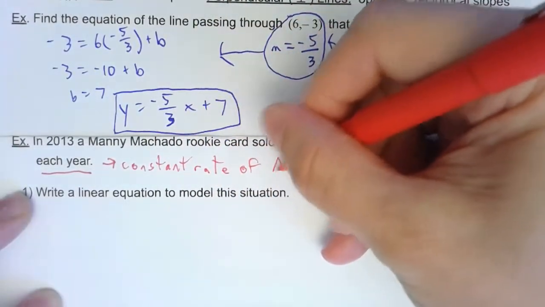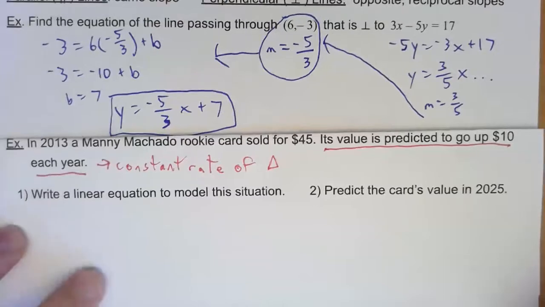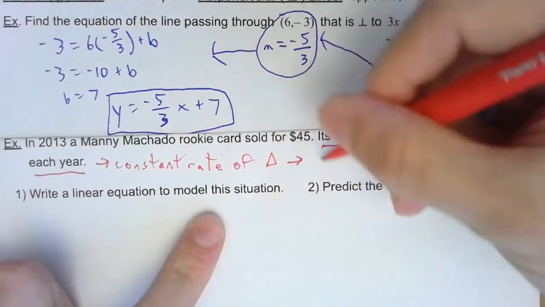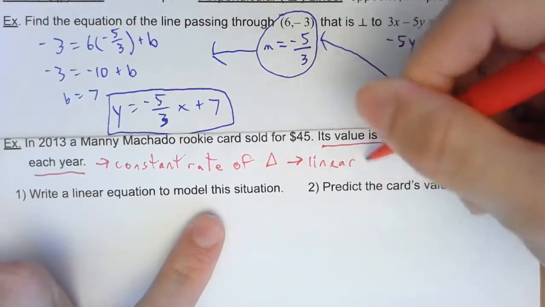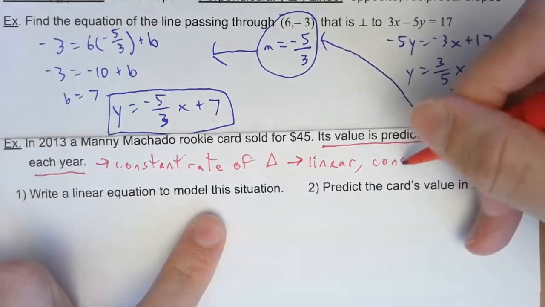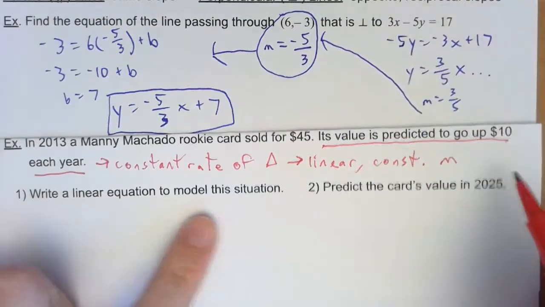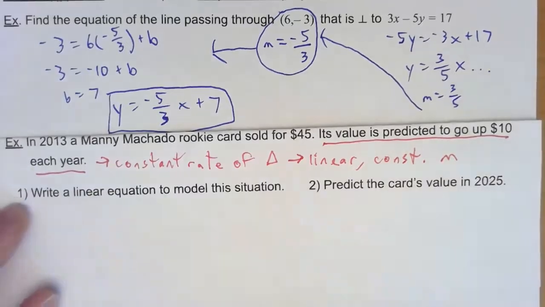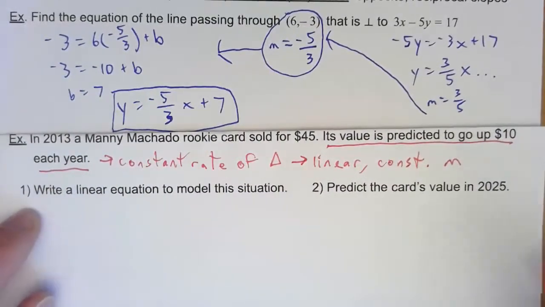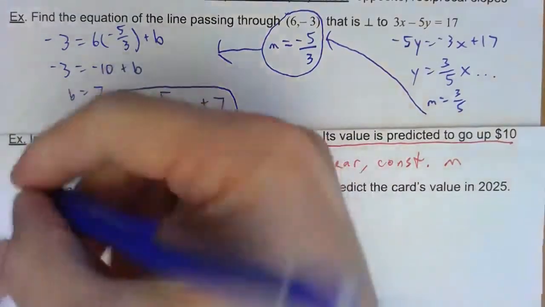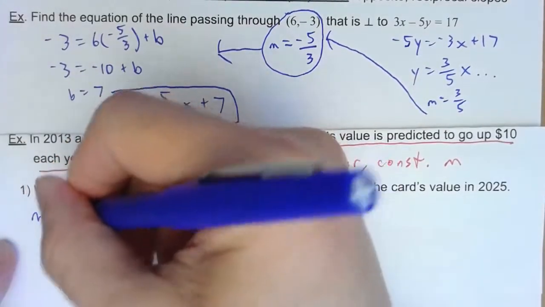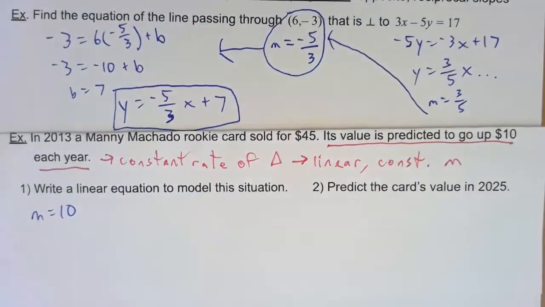I'll use that triangle for delta for change. And so a constant rate of change means that it does have to be linear. That means it has that constant slope. So this $10 each year, this constant rate of change, that's our slope right there. Okay, so that's the first piece of information we can use. We know that m is 10.